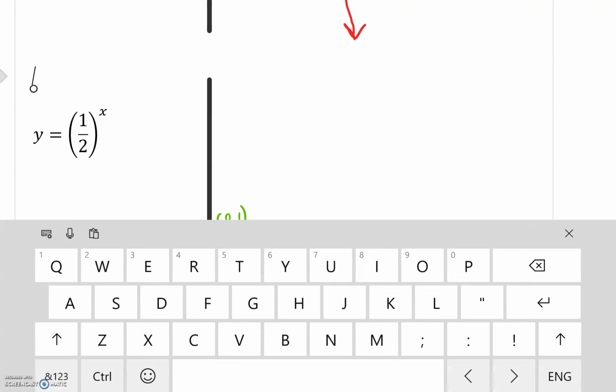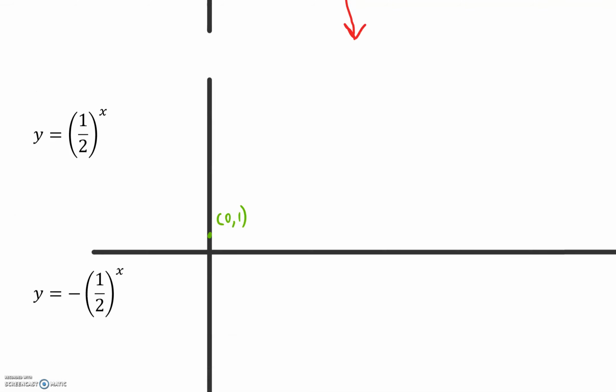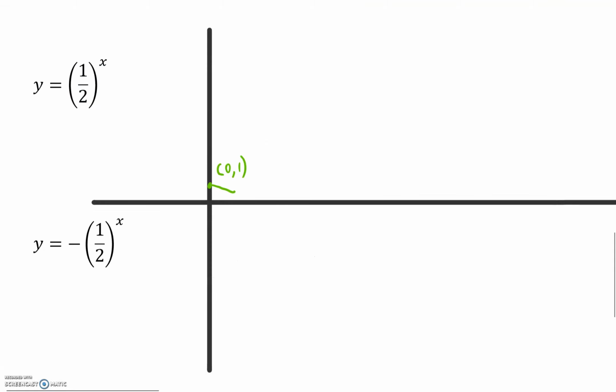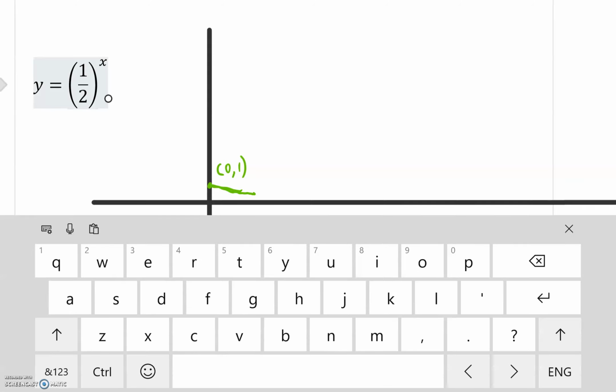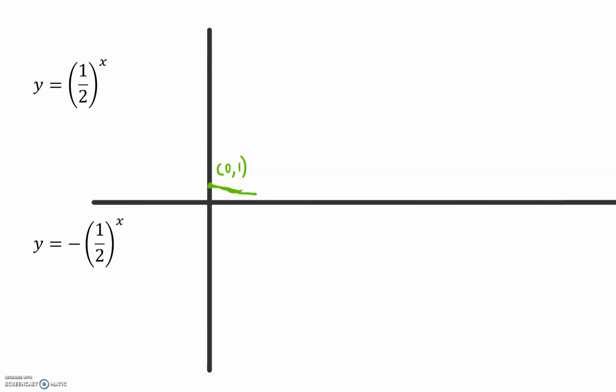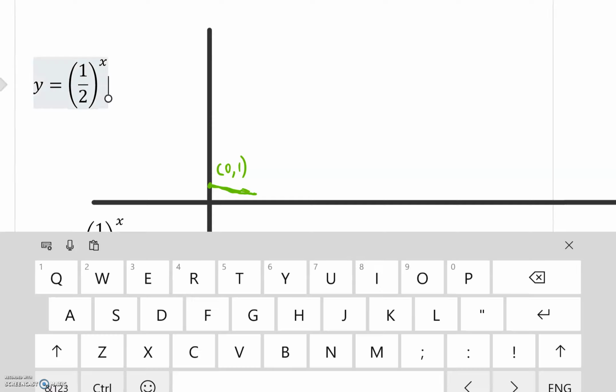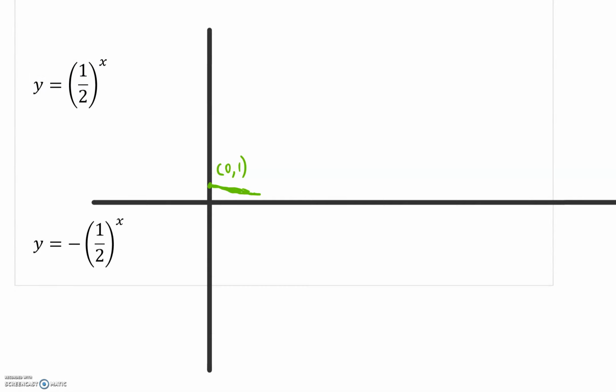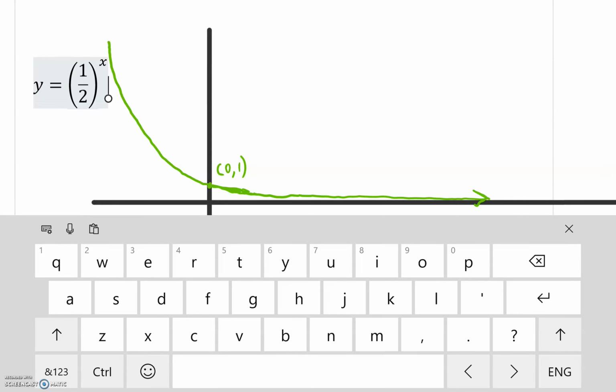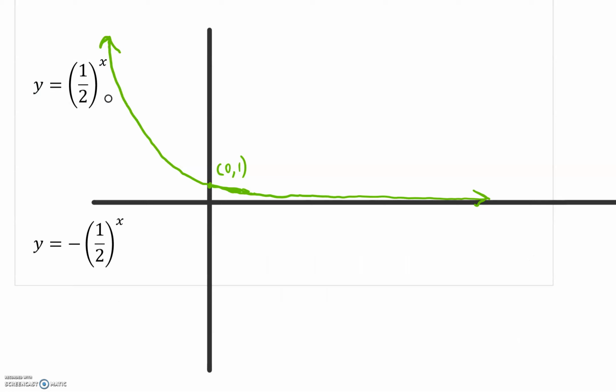Right? But that's really annoying. Okay, stop it. Okay, it's curving that way. It's curving up. Again, it's not perfect, but it's hopefully close enough.